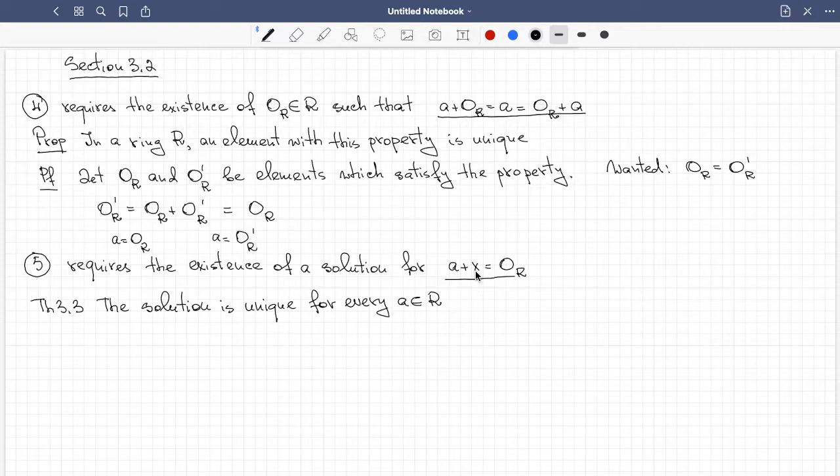I gave an argument in a different situation. You will read in the book the proof very similar to that just given for the proposition. This theorem justifies the notation.